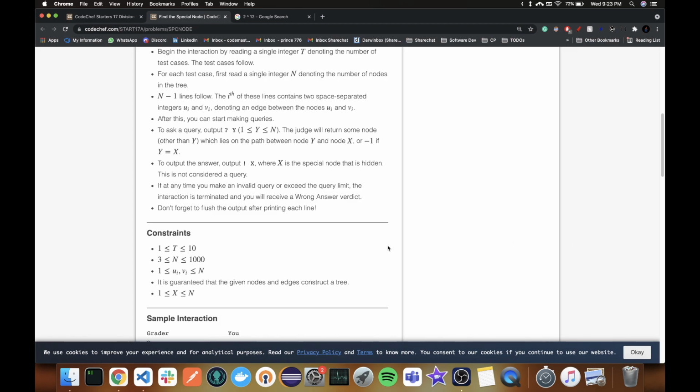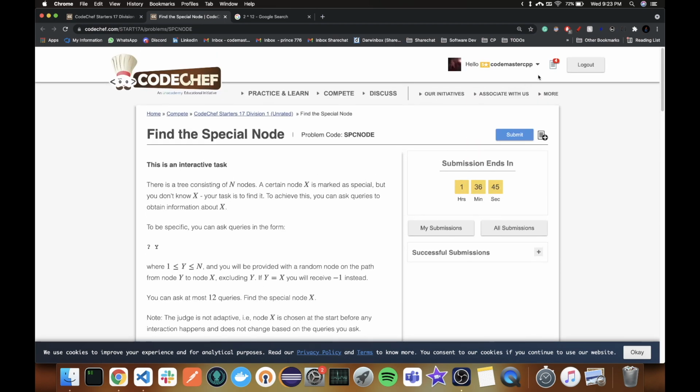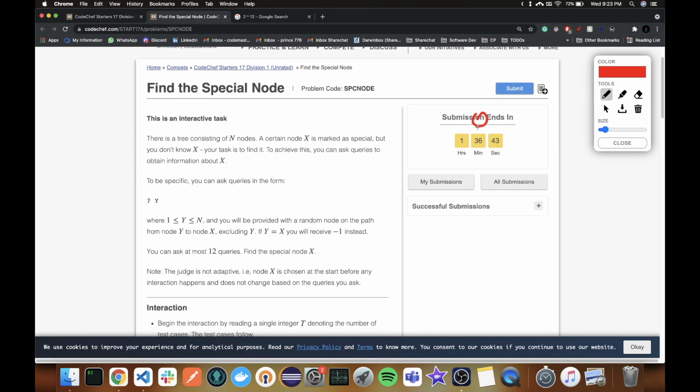Okay. So initially, my initial approach to this is like, let's say it's something like this. I choose any random vertex. Let's say I chose this vertex, right? And now obviously I don't know where it exists.